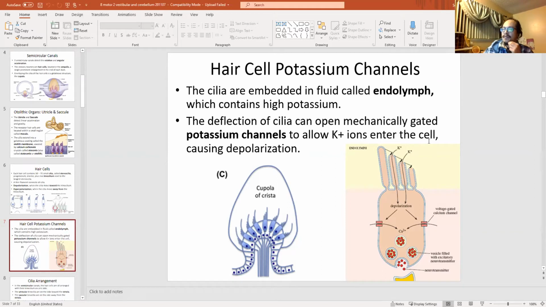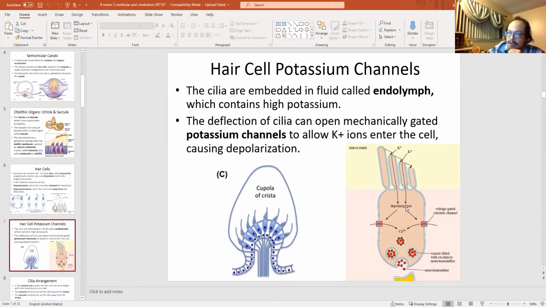But in these hair cells inside of the ear, these hair cells are embedded in the endolymph, and endolymph has high potassium. So when this channel opens, potassium will go in, because it is higher than the potassium level inside of the cell. Potassium going in will actually cause depolarization, not hyperpolarization.